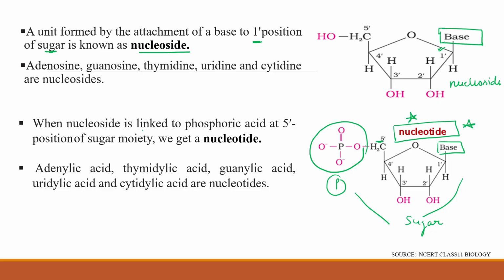So when a nucleoside is linked with phosphoric acid at this 5 prime end, then we use the term nucleotide for the same. And how can we pronounce this? As adenylic acid, because phosphoric acid is there. Guanylic acid, thymidylic acid, uridylic acid, cytidylic acid. And how do we pronounce the nucleoside? As adenosine, guanosine, thymidine, cytidine, like this.